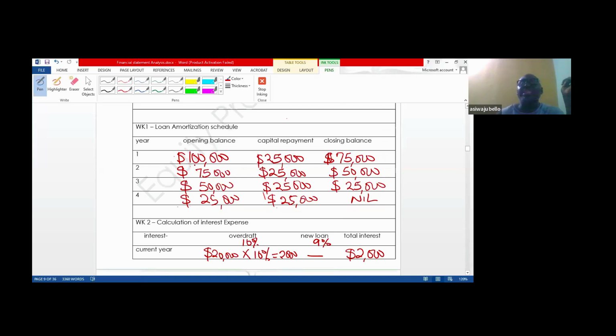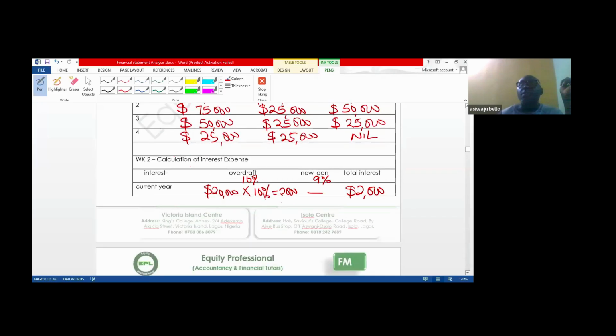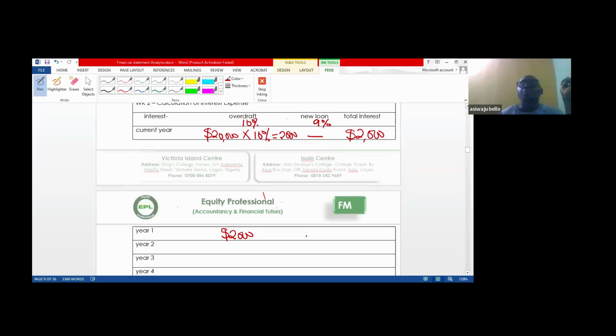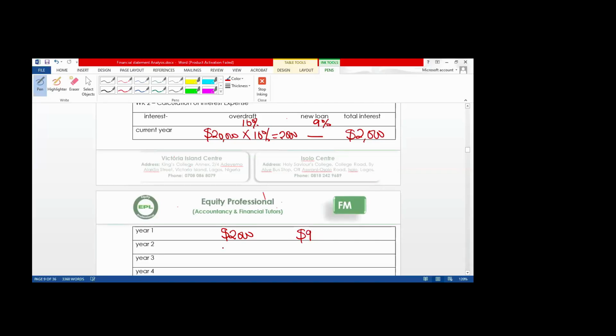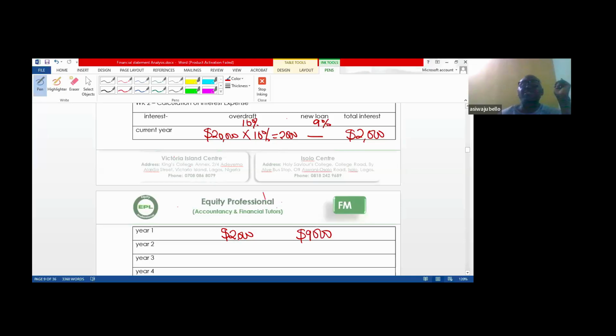Opening balance is $100,000. 9% of $100,000. Please compute. That will give me $9,000. That means total interest, interest on overdraft plus interest on new loan, is $11,000.